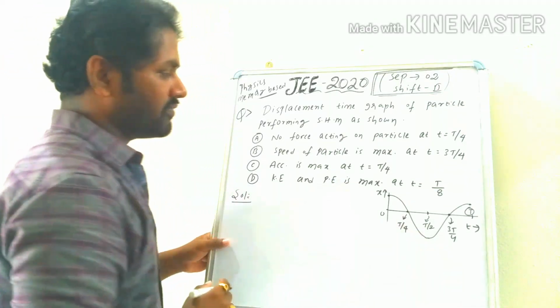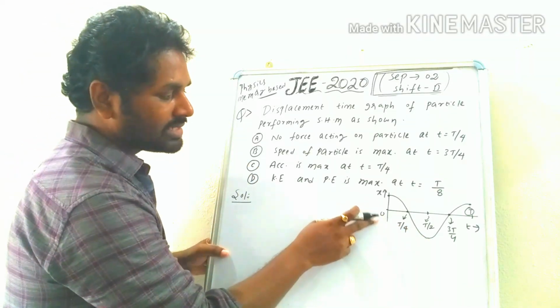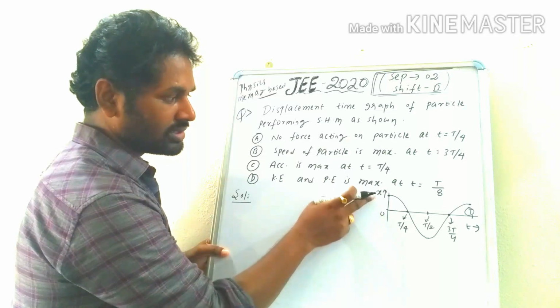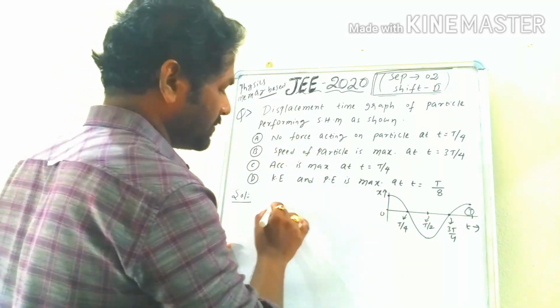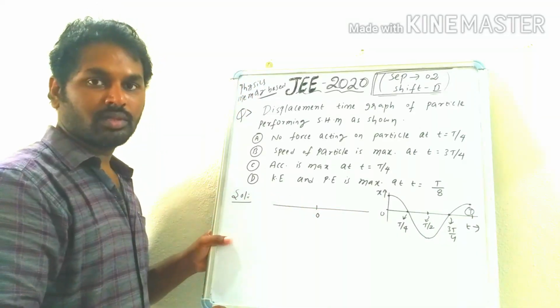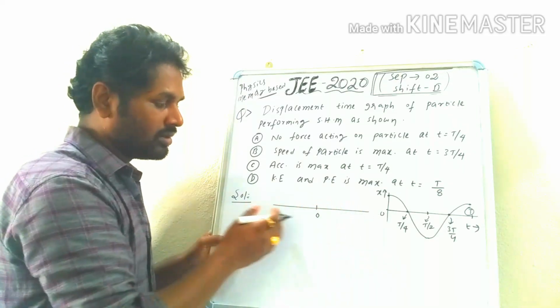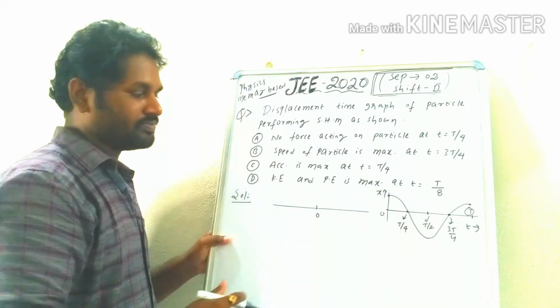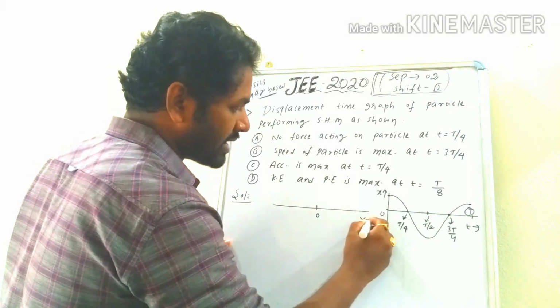So in the same graph, I am taking the particle at t is equal to 0, starting from the extreme position. There you can see. And here is the mean position. About the mean position, the particle is performing simple harmonic motion. At this point, the displacement is maximum.